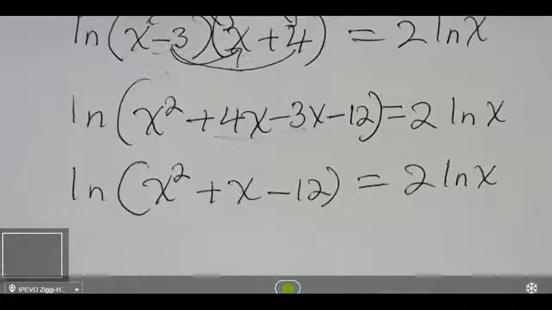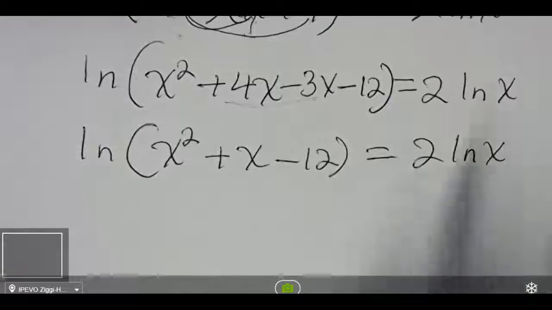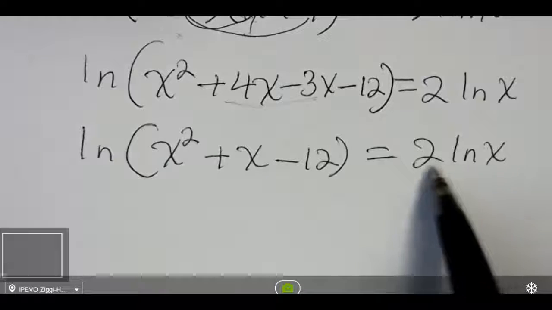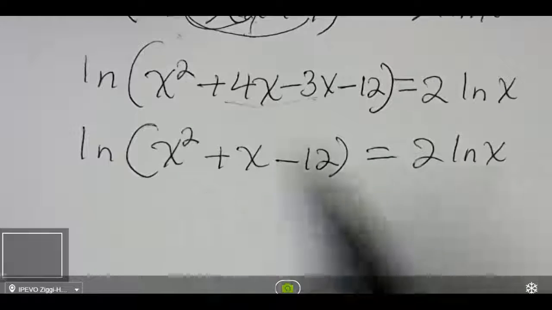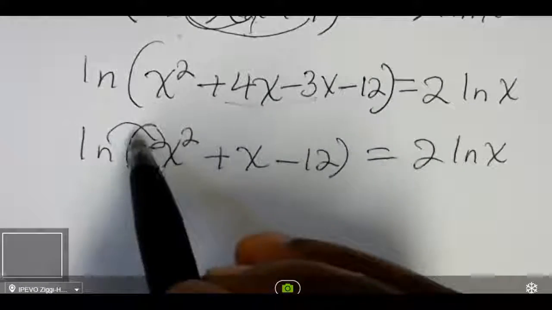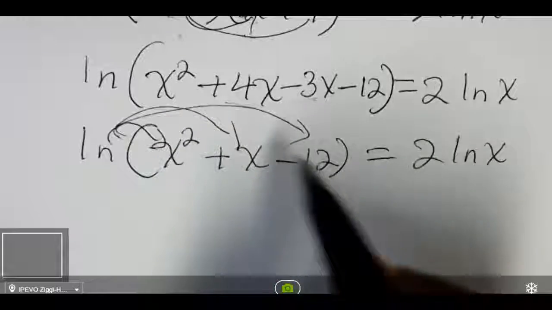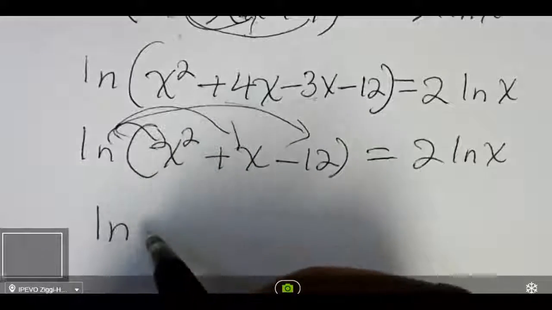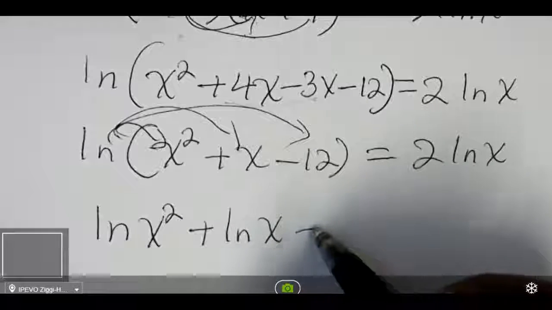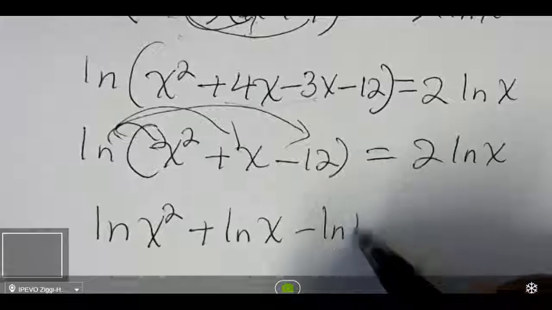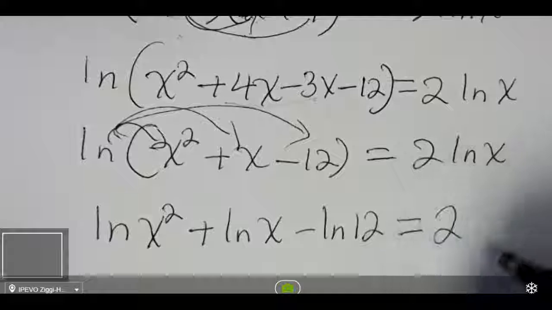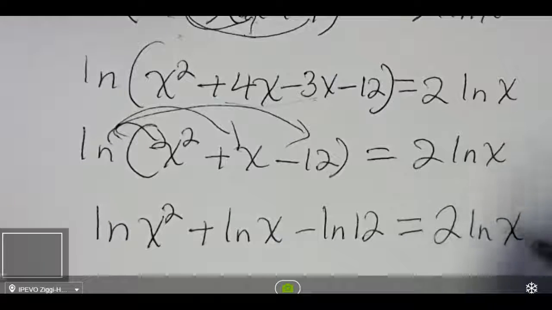Okay. So what do we do next? There's x here, there's x here, so we can actually collect like terms, or distribute. Let's distribute this first. So we have natural log of x squared plus natural log of x minus natural log of 12 equals 2 natural log of x.